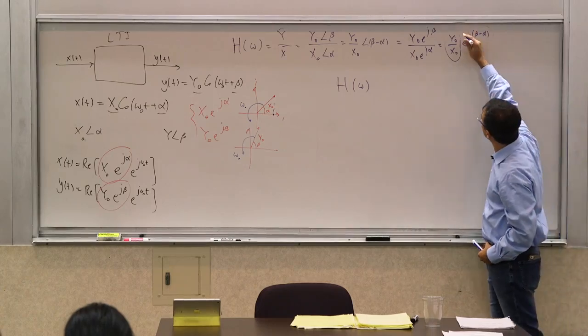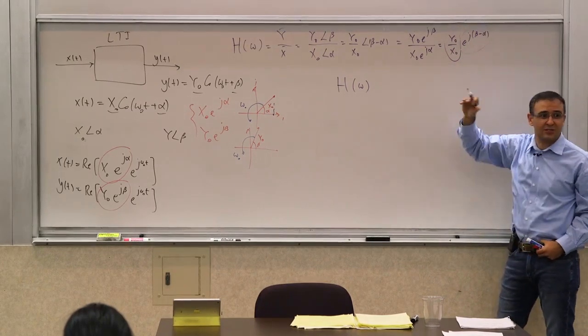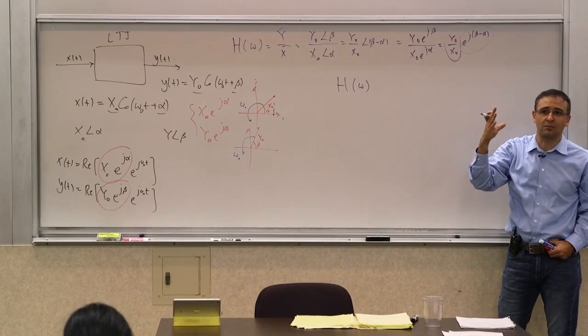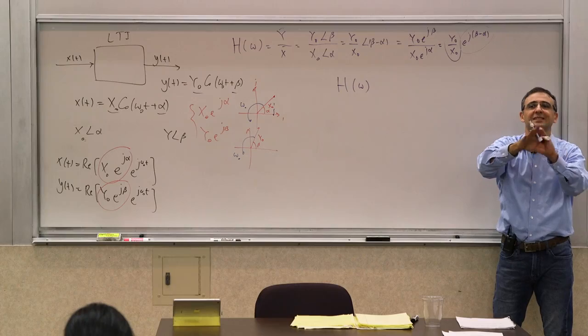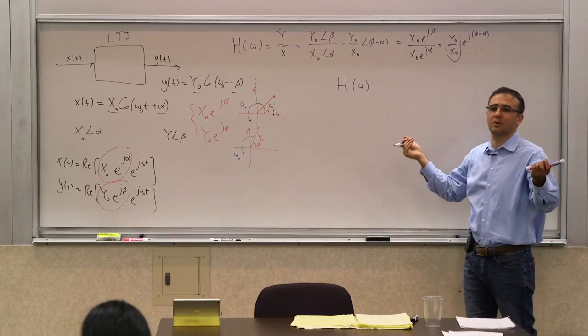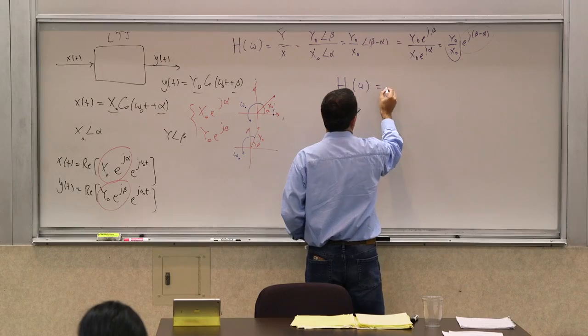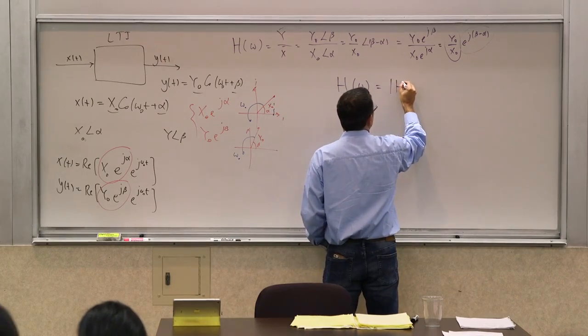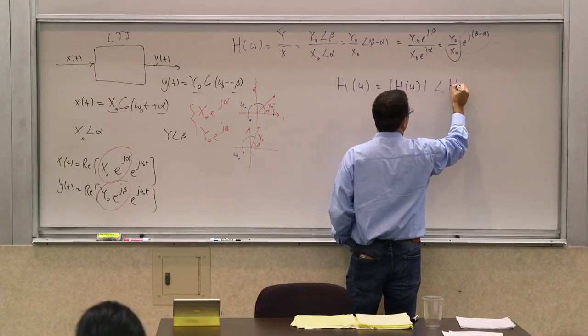So all of the magnitude part is captured here, and all the phase is captured in this. That's the strength of this notation, these complex numbers. That's why we use them. It basically decouples the magnitude and the phase. It's a polar representation, essentially, of a Cartesian set of numbers, a pair of numbers. So this essentially has a magnitude part and a phase part.